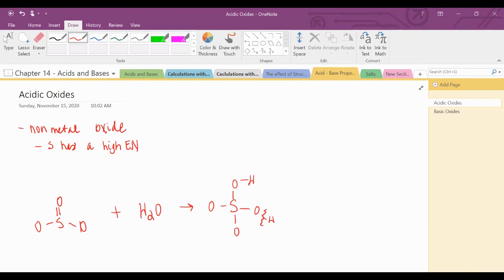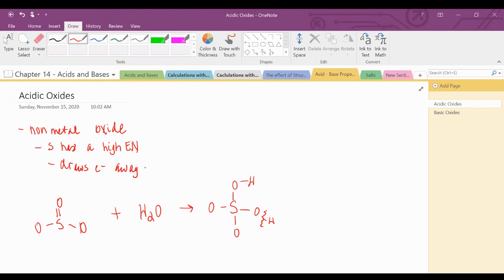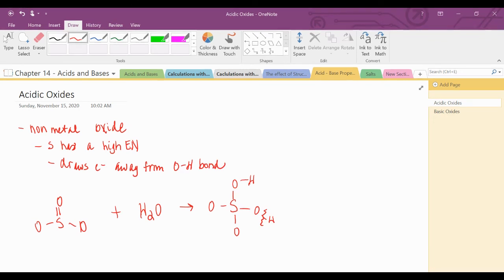And the elements that have a high electronegativity are going to draw electrons toward them. So this actually draws electrons away from the OH bond. So that, again, that OH bond is going to weaken and the hydrogen ion dissociates.